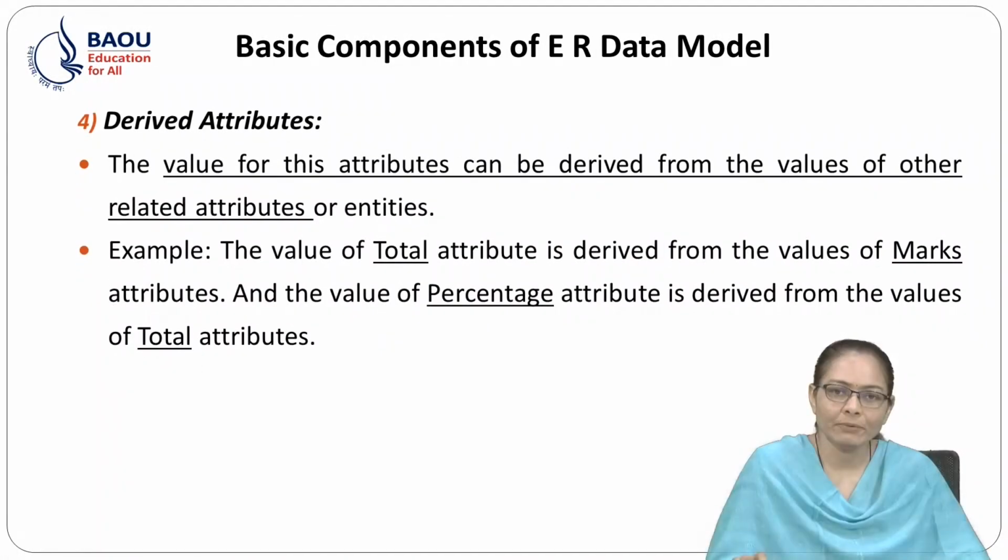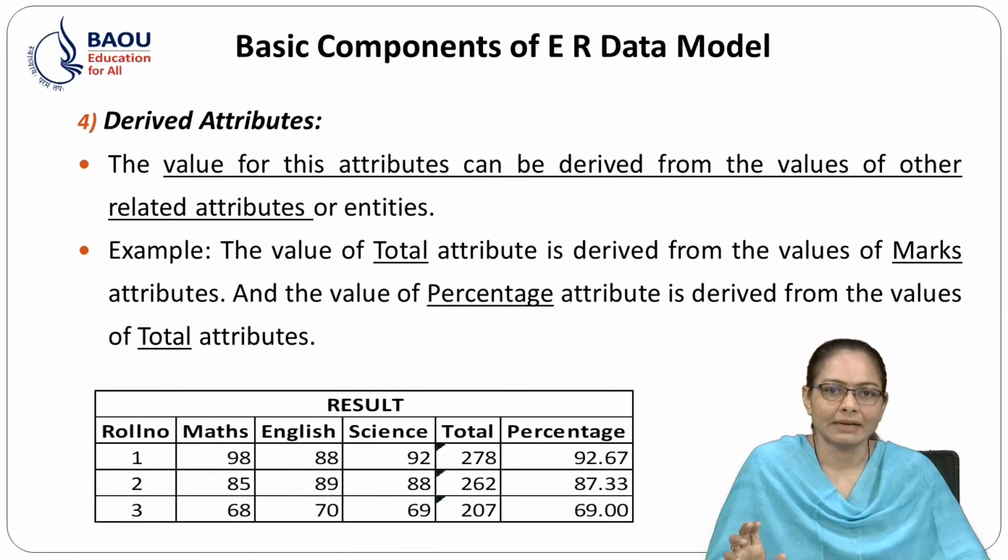Now the next is derived attributes. The value for these attributes can be derived from another attribute or other related entities. For example, in the figure, the result table has a roll number, marks of math, English and science subjects, and total and percentage are attributes of the result table.